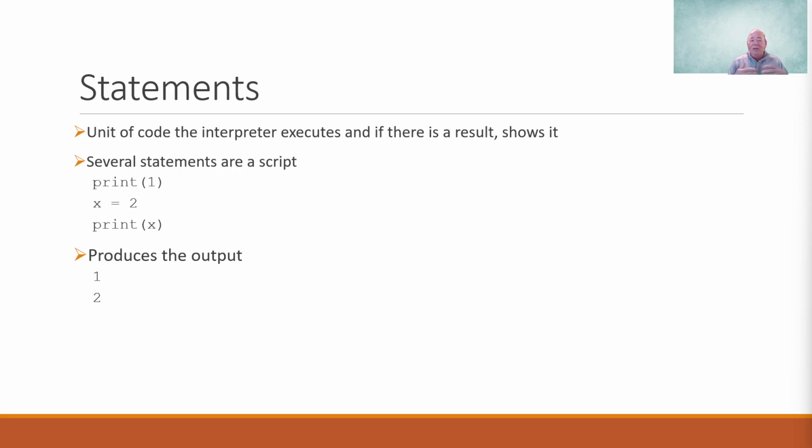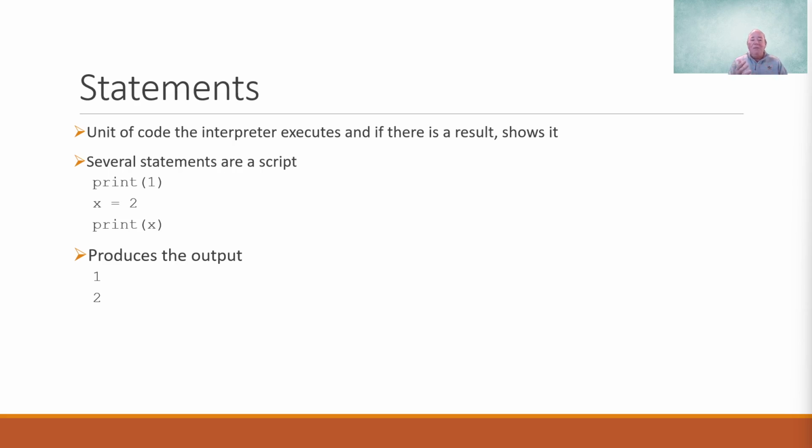And so notice that the statements together produce an output. Essentially what happens is, if you were to put a file in there that had these statements in there, if you put a file into the interpreter, it would start at the top and execute each in sequence from top to bottom, and the output would look like that. And what does this say?